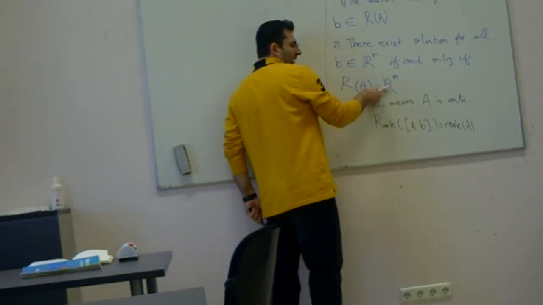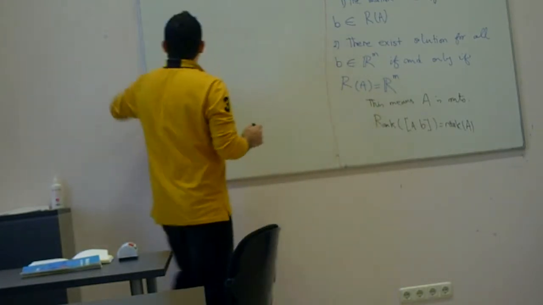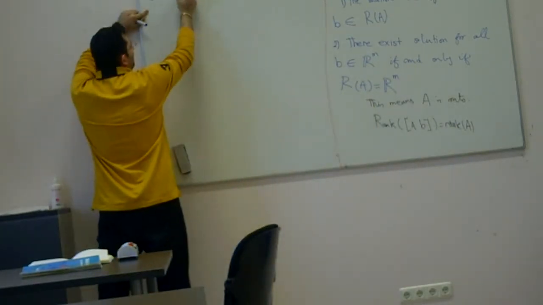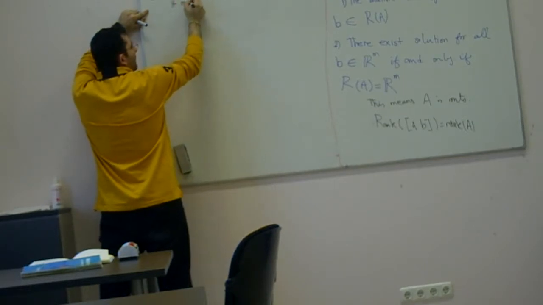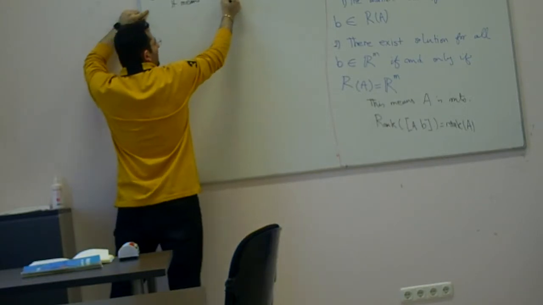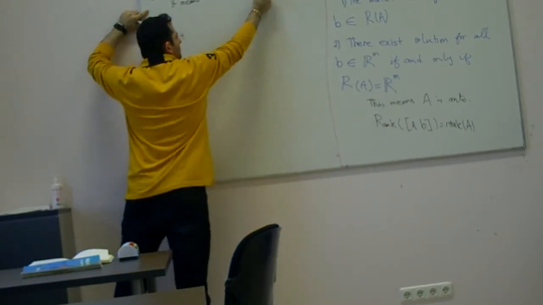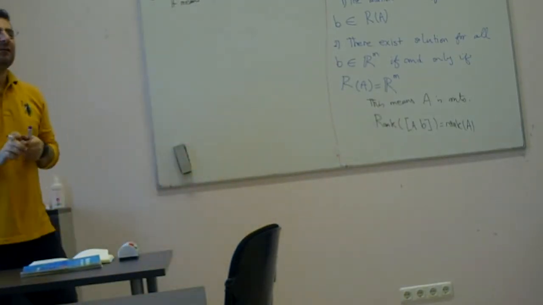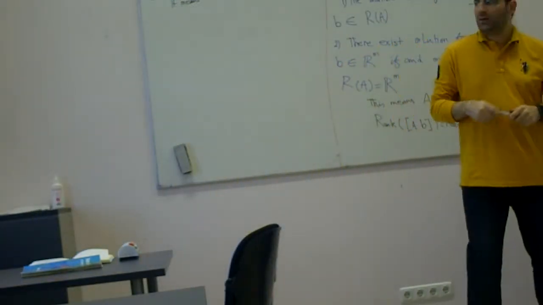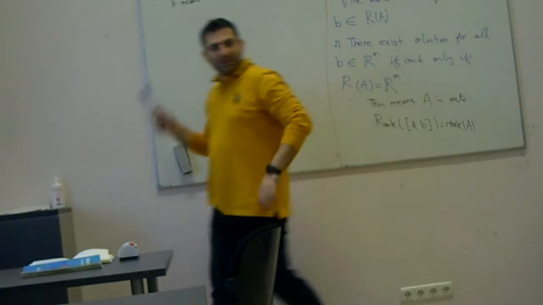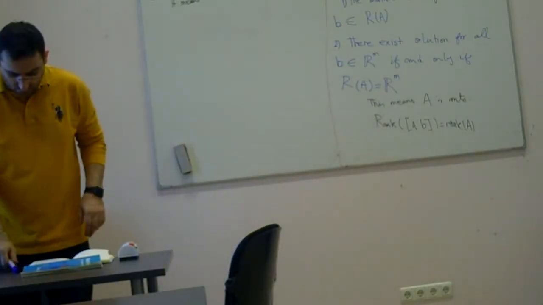Range of A is Rm means A is onto. Null space of A is 0 means A is 1 to 1. We remember like 2 weeks ago when we were talking about 1 to 1 and onto, we said if null space is 0, it means A is 1 to 1.